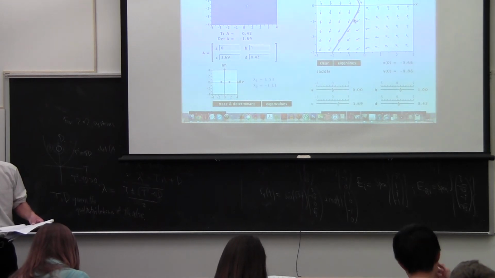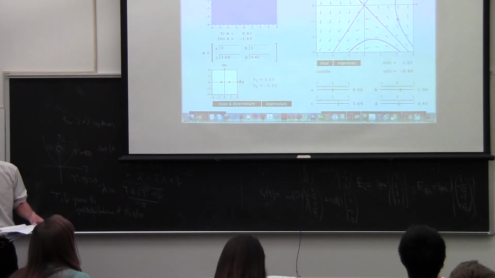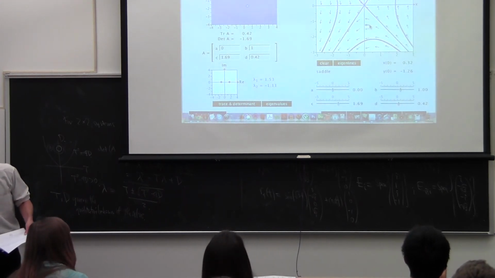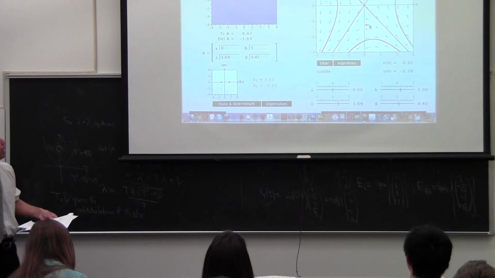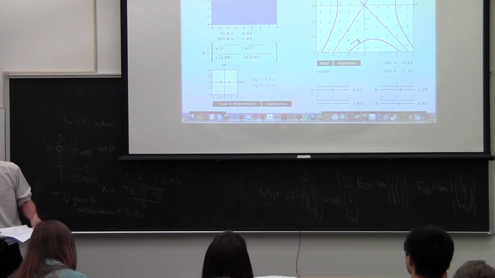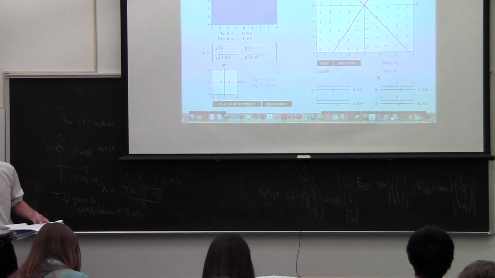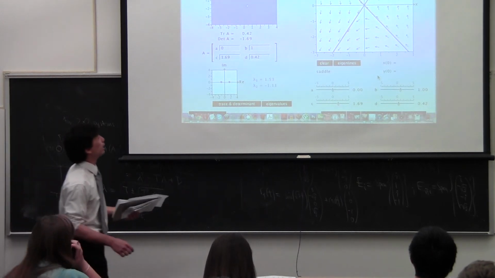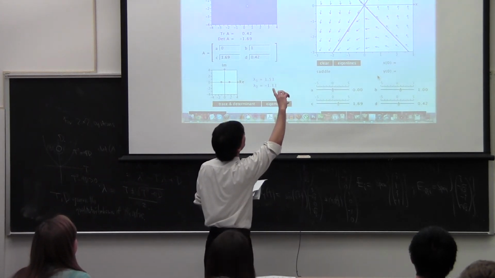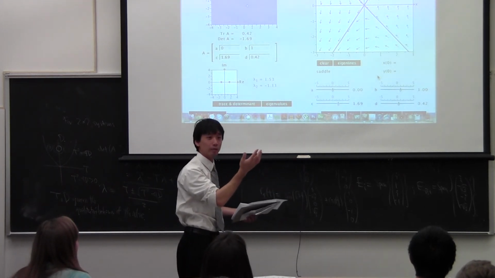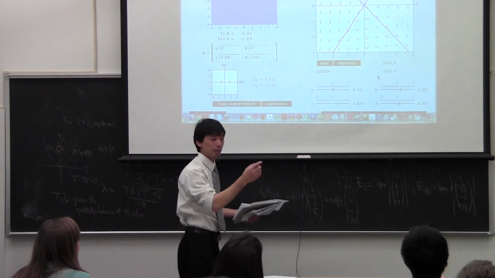Down here, you have what's called a saddle point. Here you've got one positive eigenvalue and one negative eigenvalue. You see that each of those lines corresponds to eigenvectors of that eigenvalue. It's a solution.